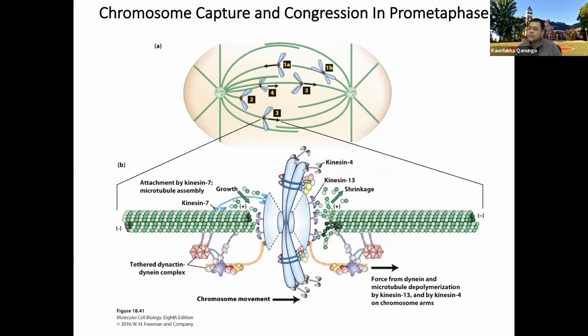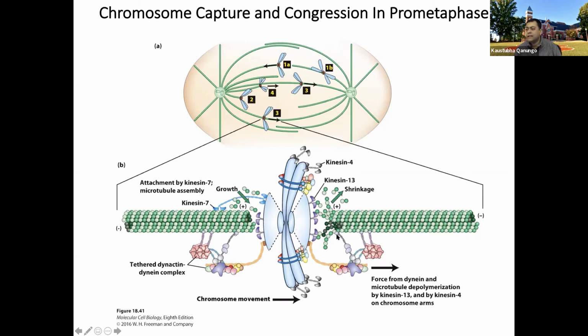So there is the disassembly towards the plus end. And here also you can see that you have a dynein motor complex the same way, but the difference is that this kinetochore microtubule is attached to the other sister chromatid kinetochore. So this one to this sister chromatid, this one to this sister chromatid kinetochore.